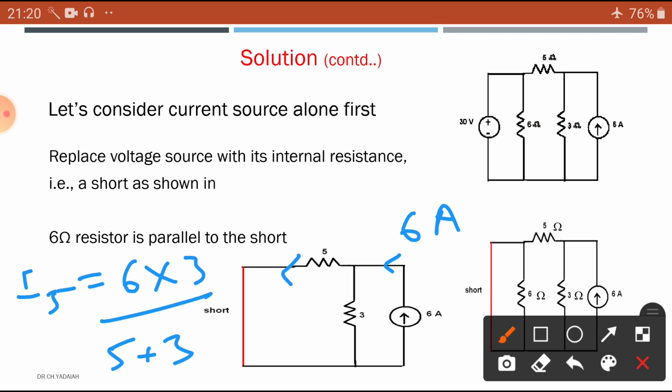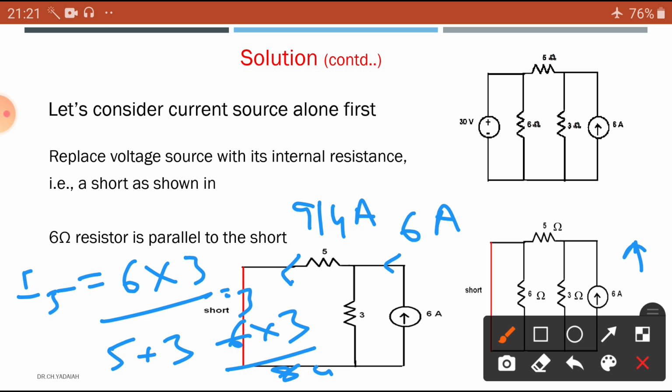That is equal to 6 into 3 by 5 plus 3, which is 6 into 3 by 8. So 9 by 4 amps is the current flowing in the circuit, if only the current source is connected in the circuit.